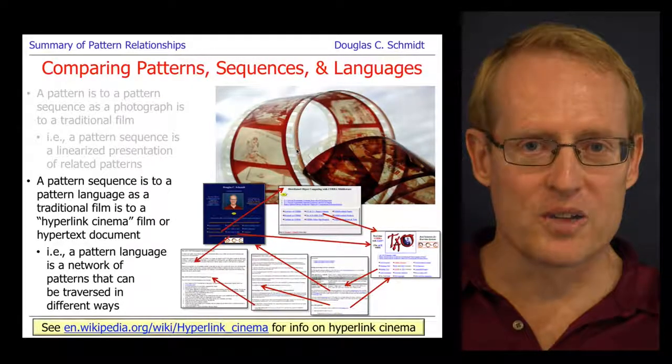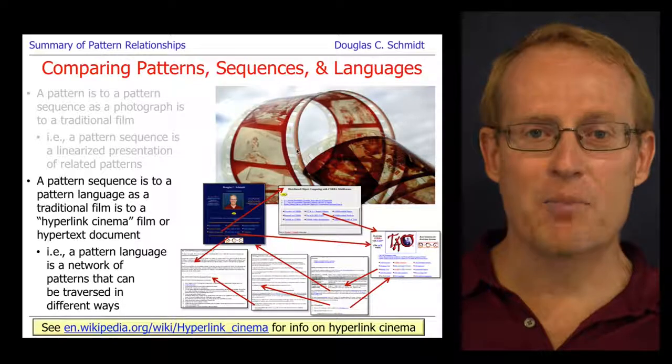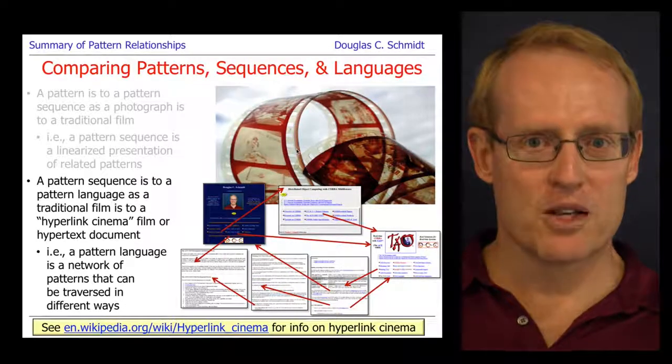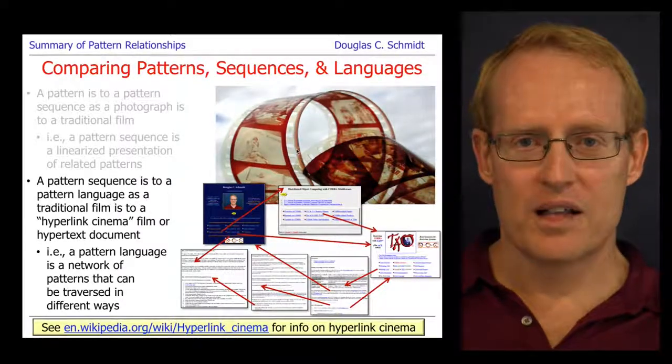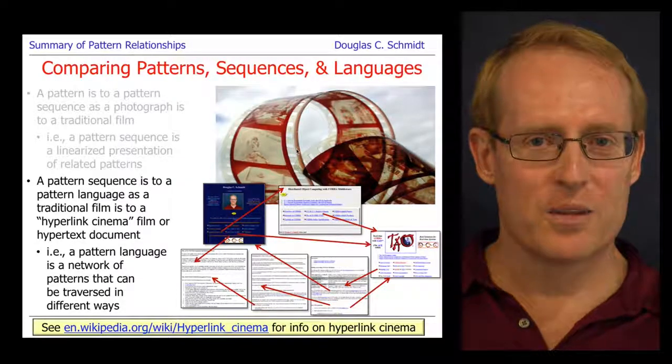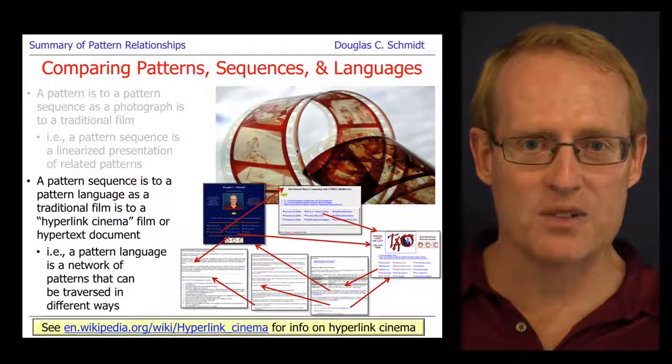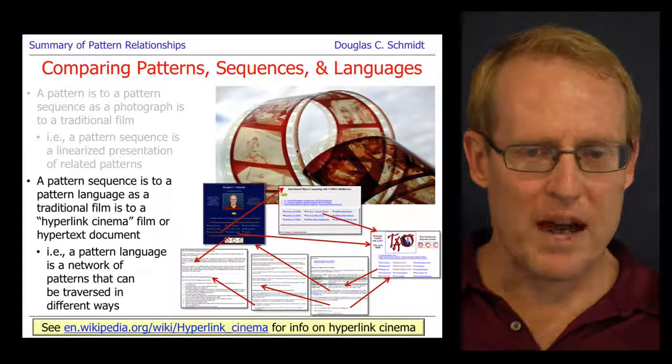By the way, you might take a look at this link for more information on hyperlink cinema. There's a number of movies out there that allow you to explore the plots through various different paths through the movie, sort of like a pattern language.